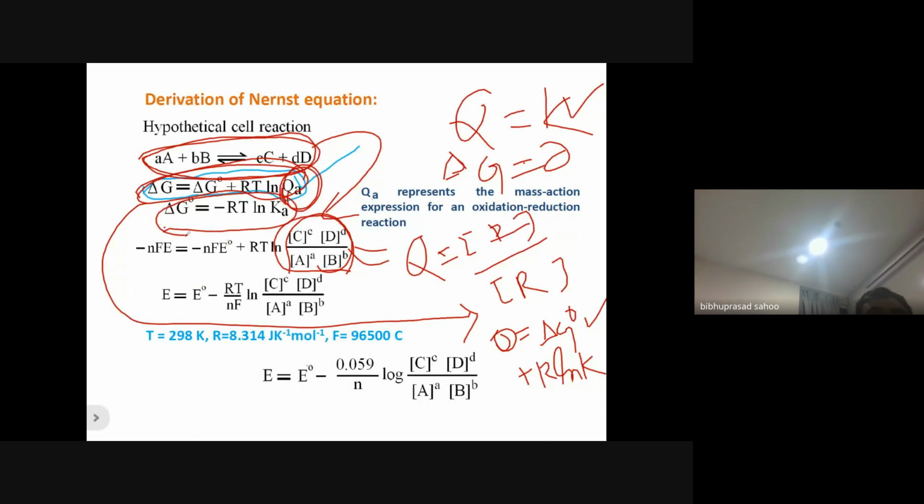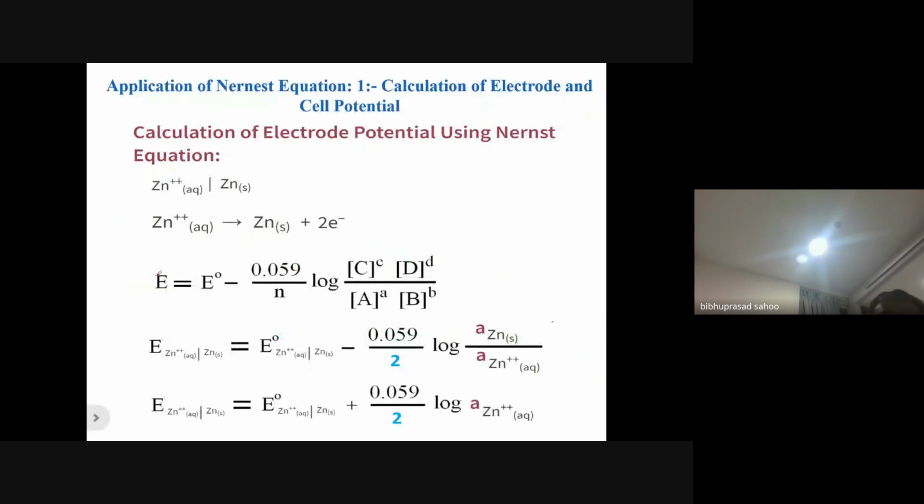Okay. So student, again I will say thermodynamics and electrochemistry are interrelated. Del G, that means change in free energy, is nothing but minus nFE. So who can say what is the meaning of minus del G is equal to nFE, or minus nFE is equal to del G naught?